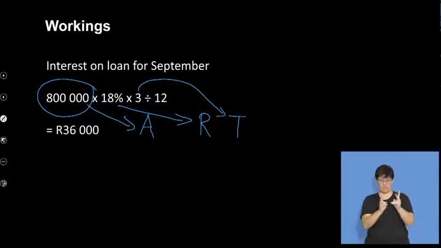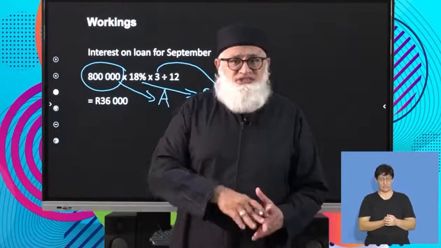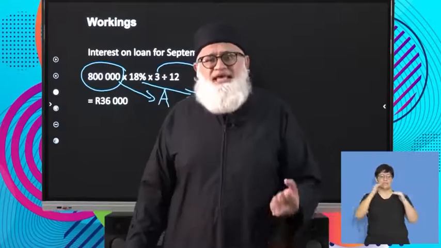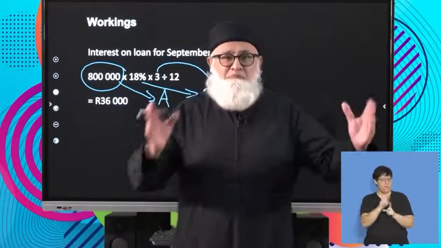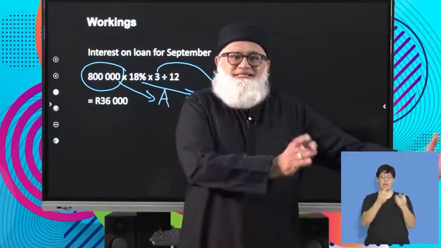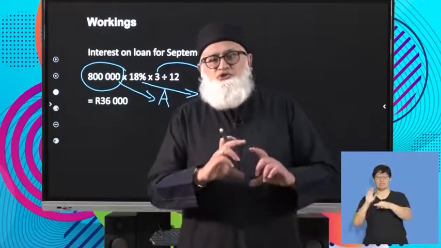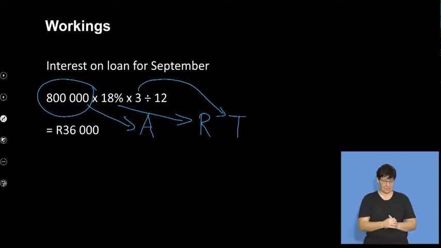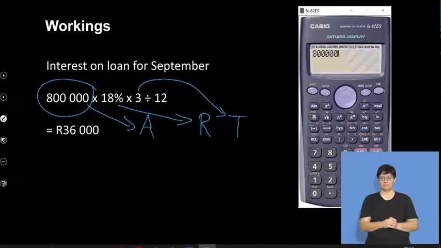Right? So whenever you're doing any interest-based calculation, or you're doing a calculation on depreciation, always take into account art: amount, rate, and time. It's very important to get used to this calculation. Okay, so if we look at our calculation, it's 800,000 times the 18%.